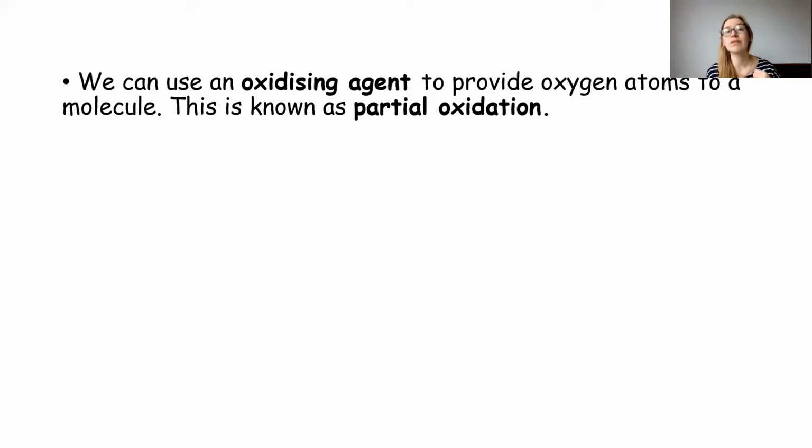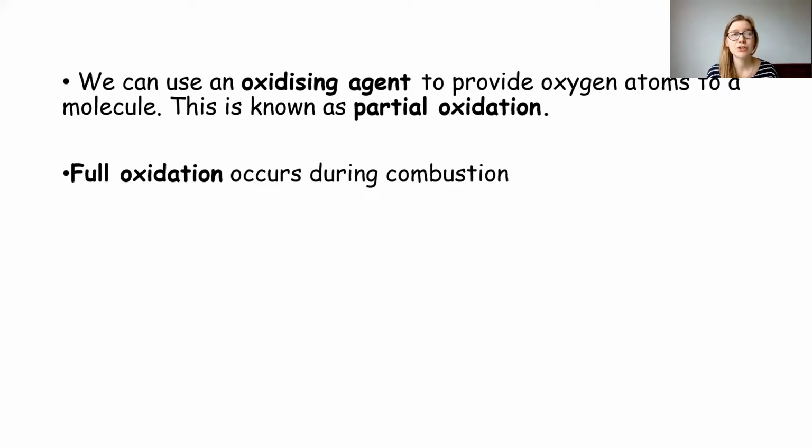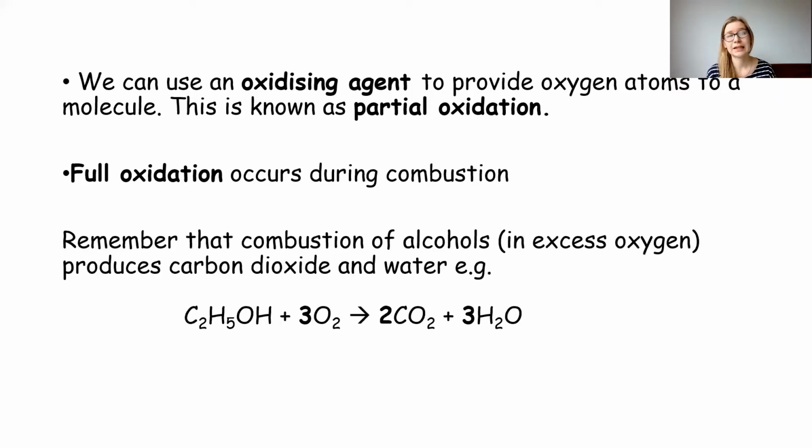If we were to break all of the bonds in an oxidation reaction, that's called full oxidation, and that would apply, for example, to combustion reactions. So if we think about a combustion reaction, like I've given an example here of the combustion of ethanol, all of the bonds in the ethanol molecule break, and then they all rearrange to form new molecules of carbon dioxide and water when they react with oxygen.